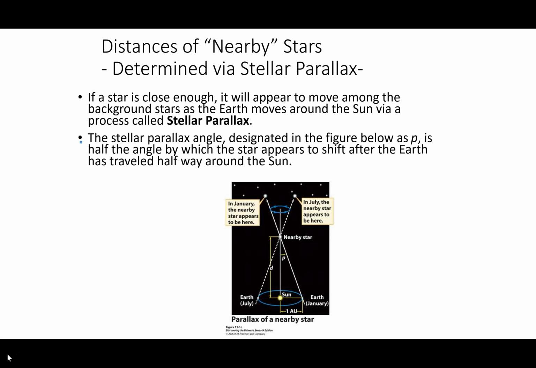So here, we're up here looking at a star. Six months later, we're up here looking at a star. And depending upon how close the star is to us, maybe it's subtle, maybe it's not so subtle, it can change its position relative to the background stars.